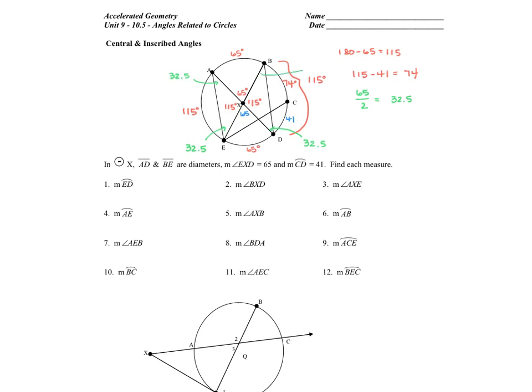So that angle is also 32.5 degrees. We have one more inscribed angle, angle BEC, that intercepts arc BC, which is 74 degrees. And because it's an inscribed angle, it's half the measure of its intercepted arc. So 74 divided by 2 is 37 degrees.